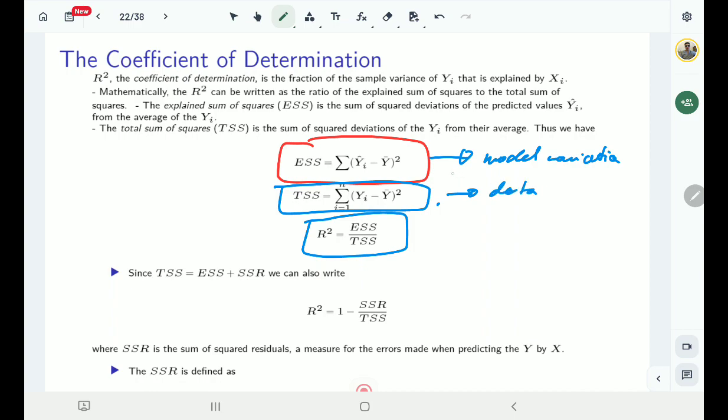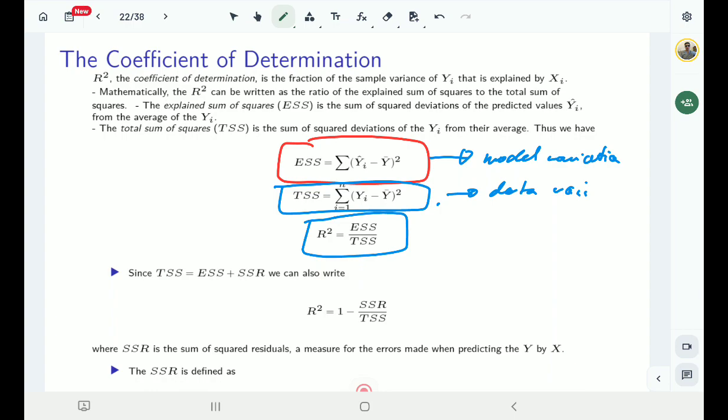You see, y hat is basically the line, the function of the line, and the TSS is the variation in the data. So R squared gives you the percentage of the variation in data explained by the variation in the model. Okay, and that is straightforward. That is basically the ratio of ESS to TSS, it shows how much of TSS is explained by ESS.